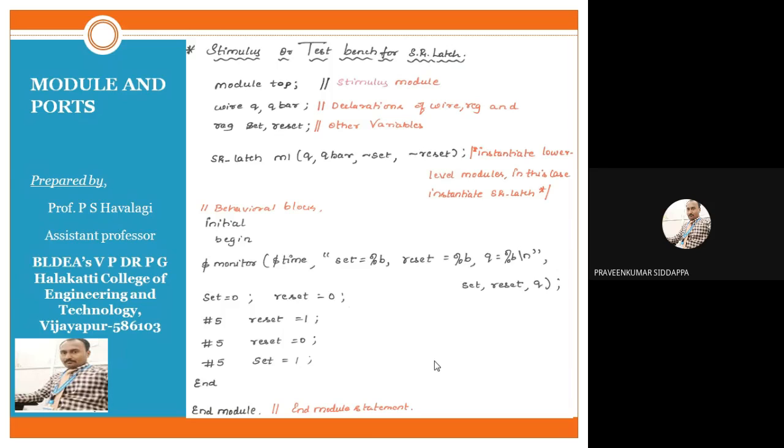Okay. So next, if this concept is clear, any doubt in writing the test bench? Any doubt? Sir, can we write both, reset and set? Okay, if both are mentioned, there is no problem. In this example, you can check it.